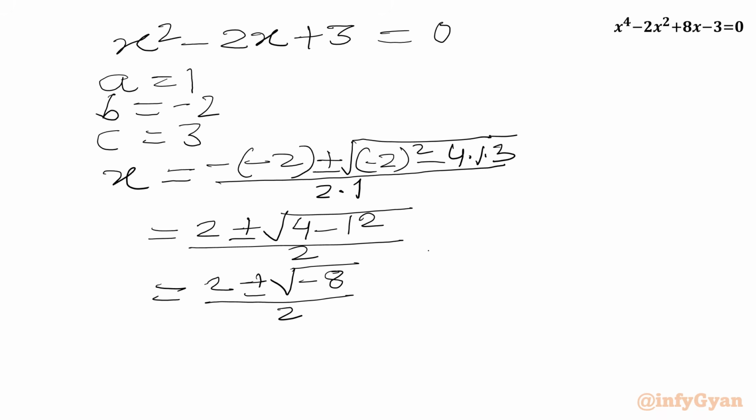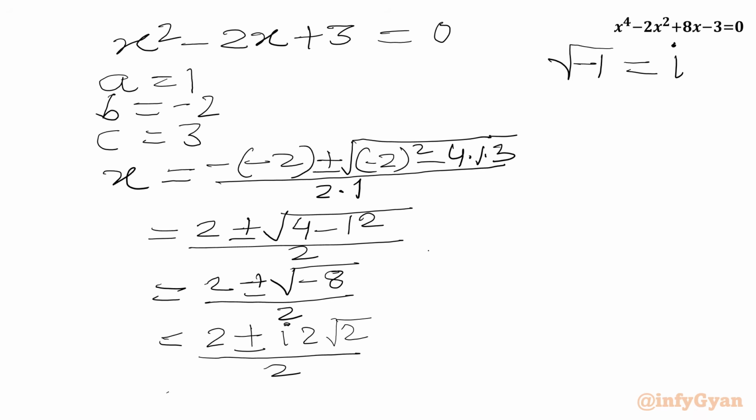Now we know that square root of minus 1 is the complex number i. So we will write here 2 plus minus i times square root 8 is 2 root 2 over 2, will be equal to 1 plus minus i times root 2. So we have two complex solutions.